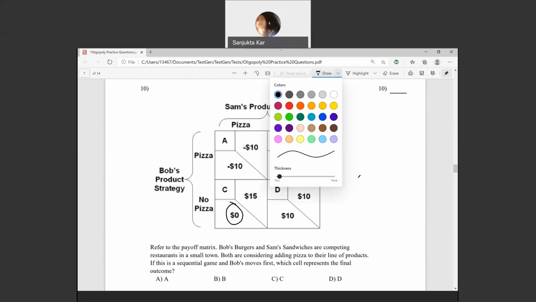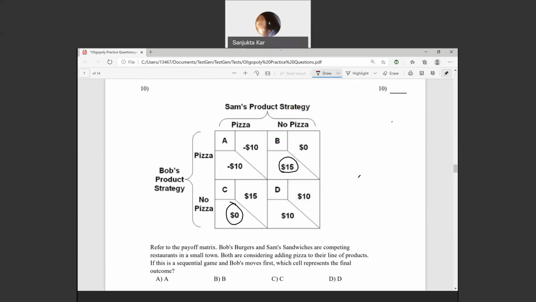Now I'm going to work with the rows. Row 1, -10 and 0, pick up the higher number, which is going to be 0. And row 2, compare 15 and 10. You are going to pick up 15.